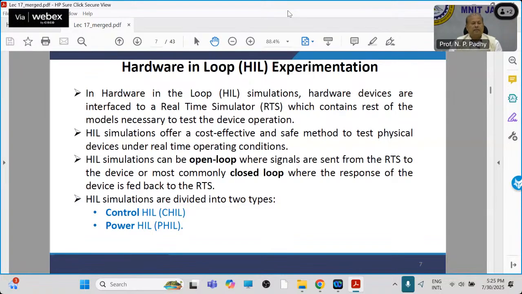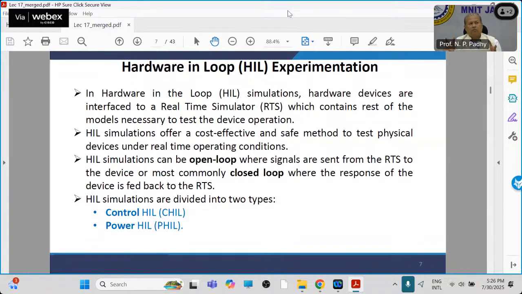So what is HIL? In hardware in loop simulation, hardware devices are interfaced to a real-time simulator which contains the rest of the model necessary to test the device operation. It means I have a microgrid, and in that microgrid I am interested to test the performance of a battery, let us assume.